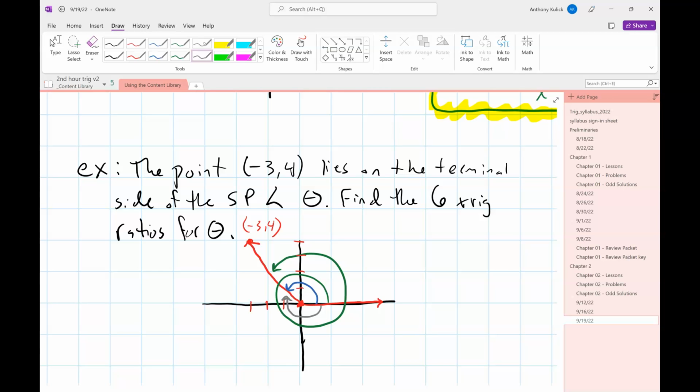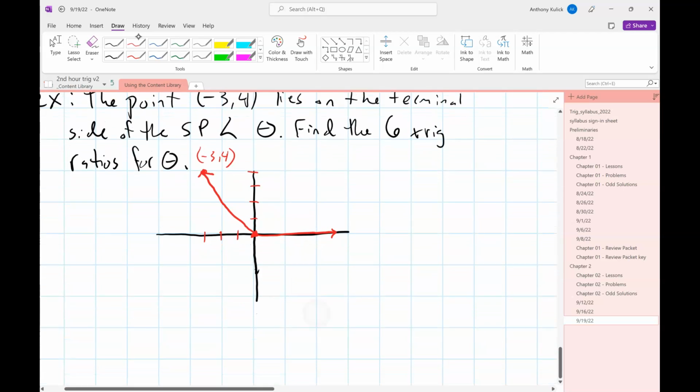All I need to evaluate sine, cosine, tangent, etc., is that point on the terminal side. I don't care which direction I spun. I don't care how many times around I spun. I don't need any of that information. Everybody's okay with that? So I'm just going to delete all those rotation marks so that when you look at the notes it's not confusing. But I want to just point that out for a moment.